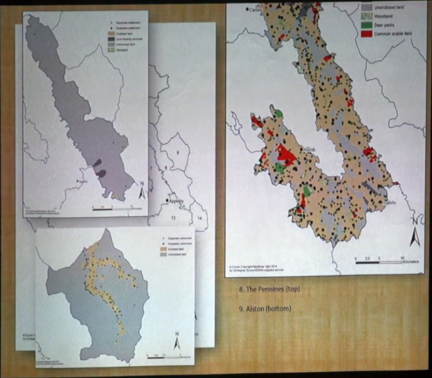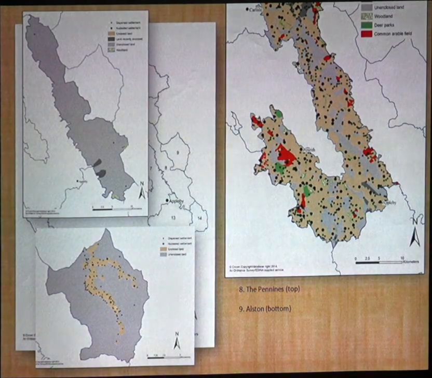So the red areas are common arable fields that still survive into the 18th century. You've got a lot more bigger dots on there, which are villages and towns. The solid green areas on there are deer parks, so you've still got quite a lot of those.